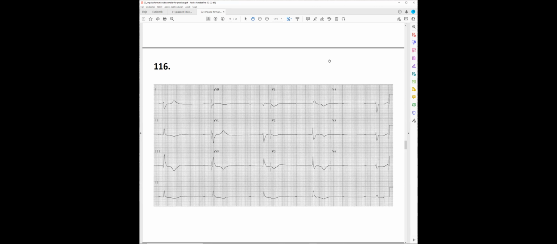Good. But when I compare lead 3 and aVF, lead 3 has a bigger signal, so it is close to 120. Okay, so you can have an extreme right deviation.